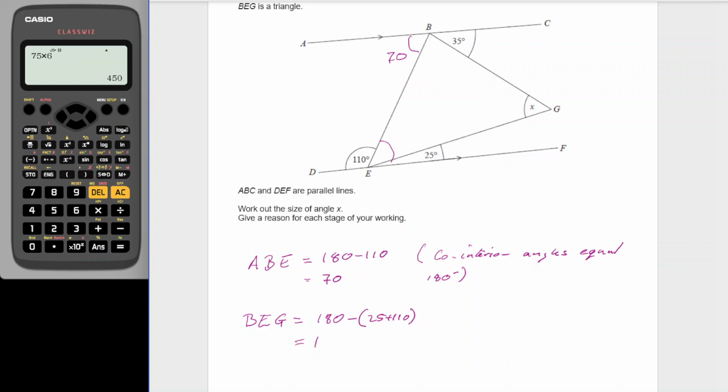But okay, 180 minus 135 is going to be 45. Just double check that. I've got a feeling I've done that wrong. 45, yeah. So that angle there is 45, and the reason for that is angles on a line.